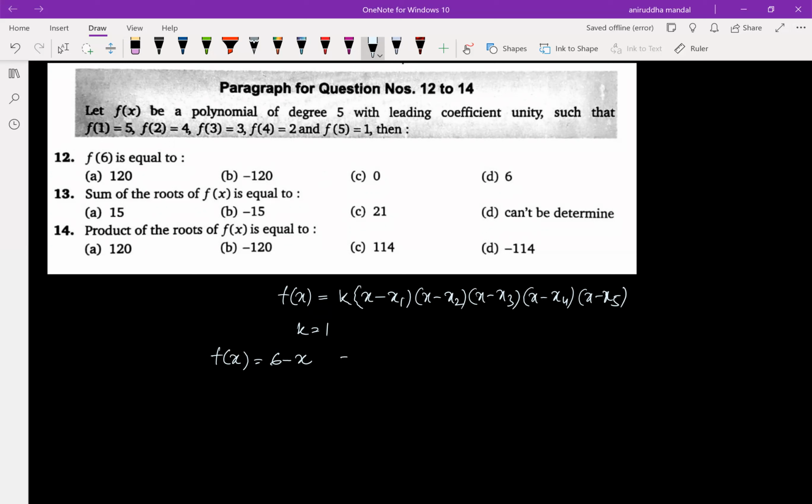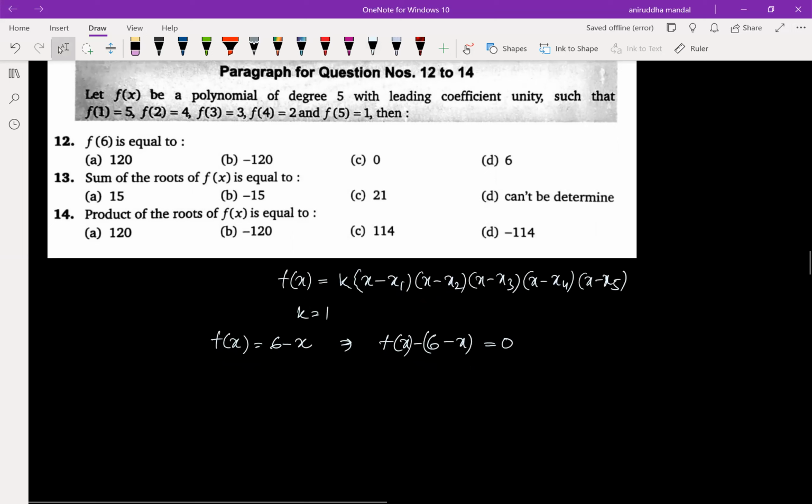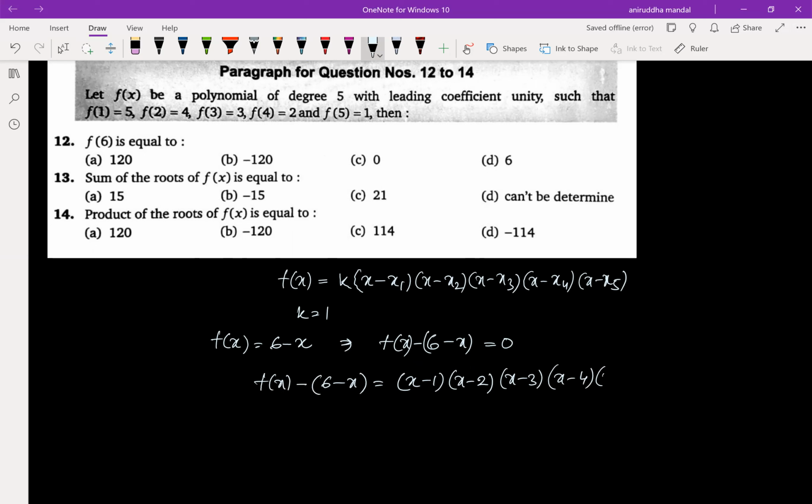So f(x) minus (6 minus x) equals 0. Which means if this complete expression becomes 0, we write f(x) minus (6 minus x) as (x minus 1)(x minus 2)(x minus 3)(x minus 4)(x minus 5).